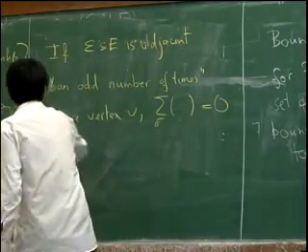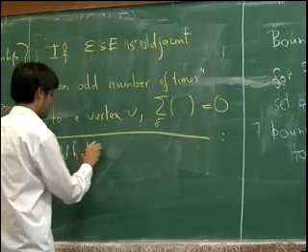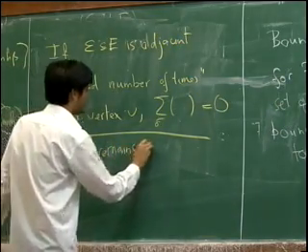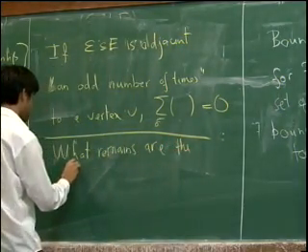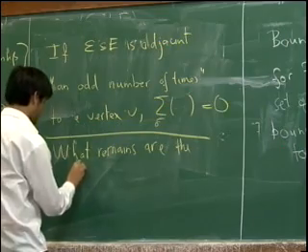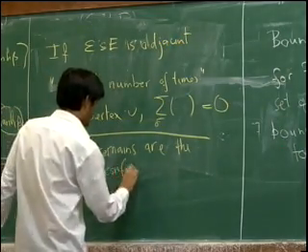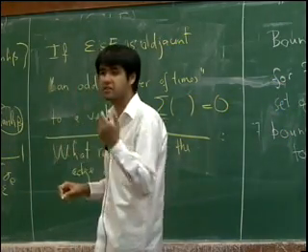Okay, so what remains are the spin configurations, the edge configurations E such that every vertex has an even degree.